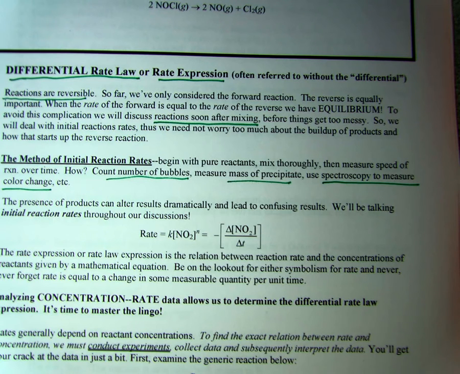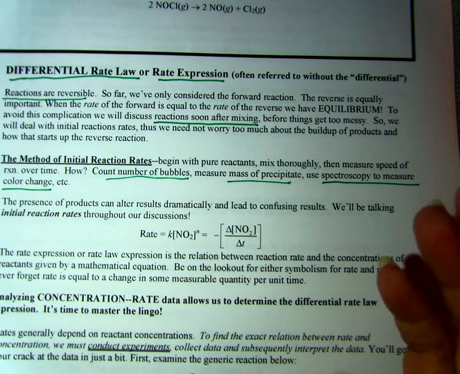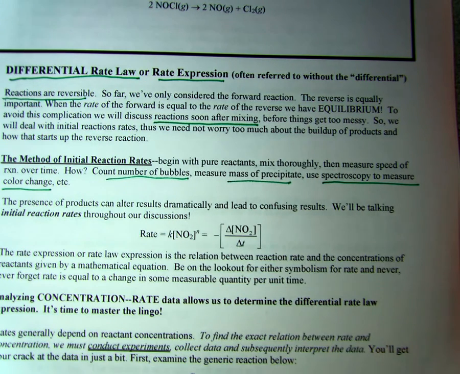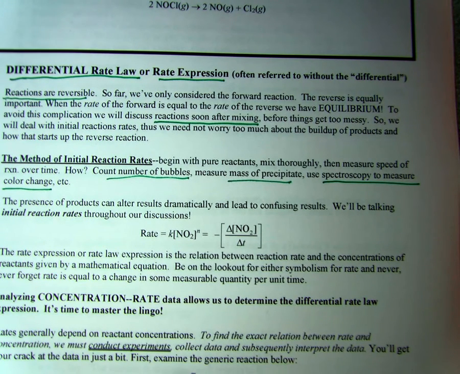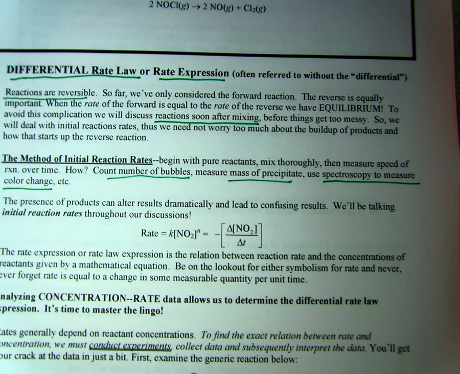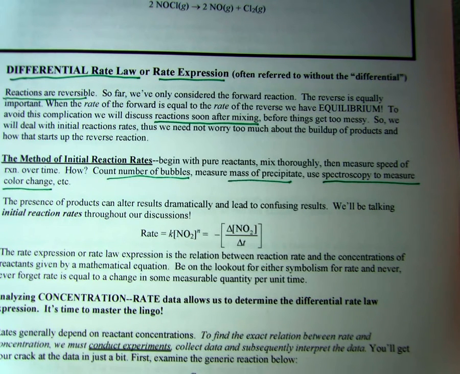You're going to measure the saturation of the color, and watch it as it changes over time. Because over time, as the reaction proceeds, that purple color is going to fade away. Once the reaction is completely done, into equilibrium, it would actually be a clear solution. So the computer or your LabQuest is actually going to measure all that for you. But that is what we're doing when we get back from Thanksgiving.